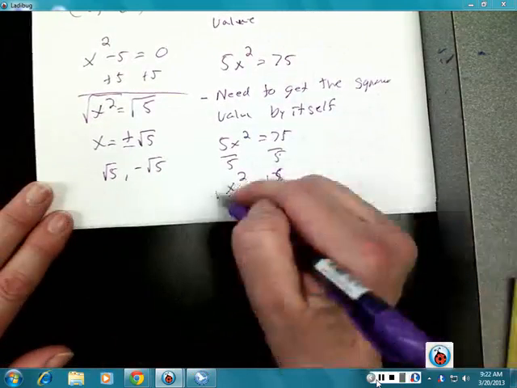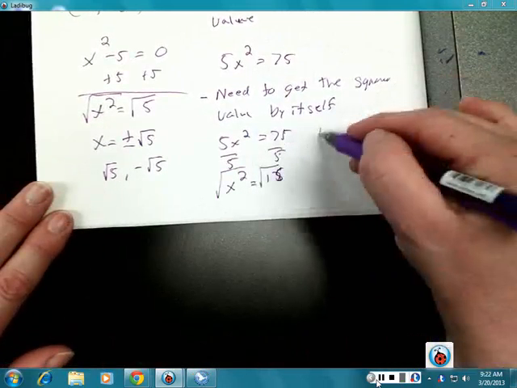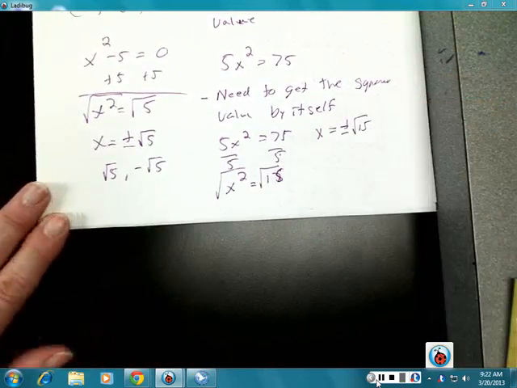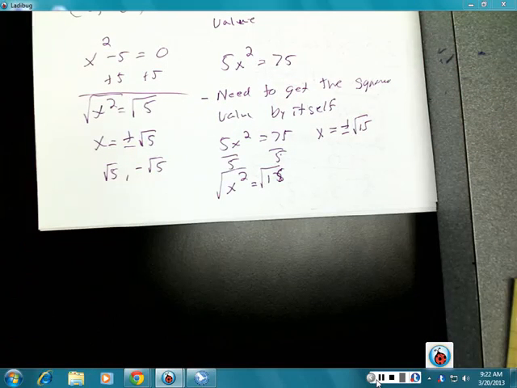And take the square root of each side. So x is equal to plus or minus the square root of 15. But can I break that down? Can I break the square root of 15 down at all? What do you think? Can't do it, right? Because 15 is made up of 3 times 5, and 3 and 5 are not perfect squares of any sort. So that's where I need to leave that one.